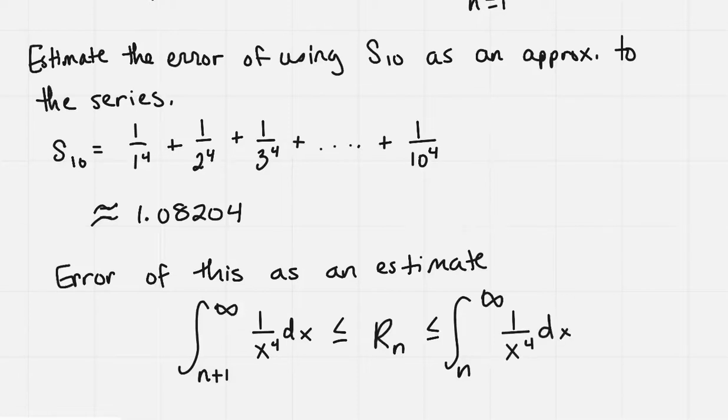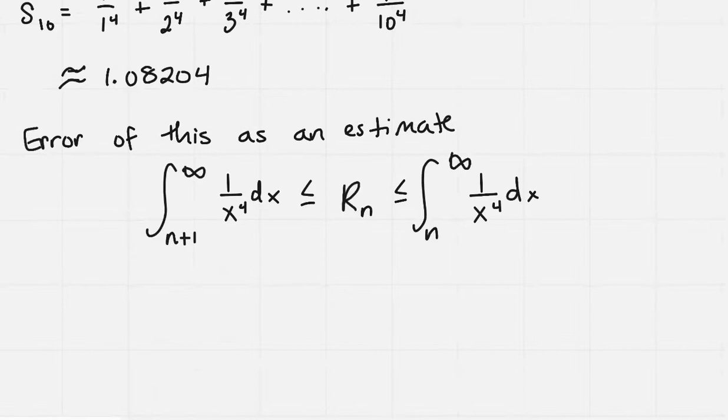So we're going to use this remainder estimate for the integral test. And then I'm going to let n equal 10 because that's what I went out to on my partial sum.